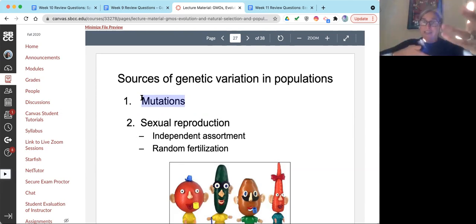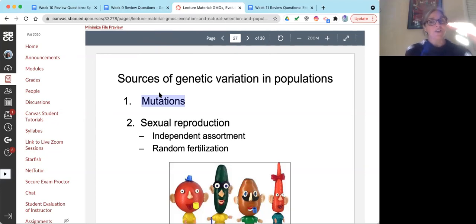And what makes me different from you and you different from everybody else is that we don't all have the same alleles and we have different combinations of alleles, but we get the creation of new alleles through mutation. And that's the initial source of genetic variation. It's just a change in the DNA sequence, and that gives a new allele.